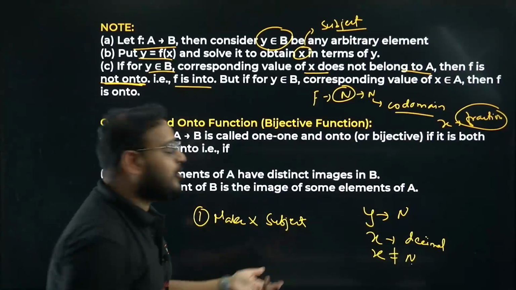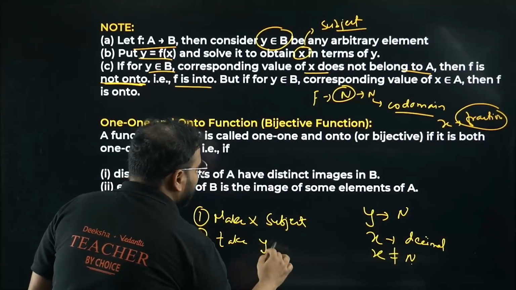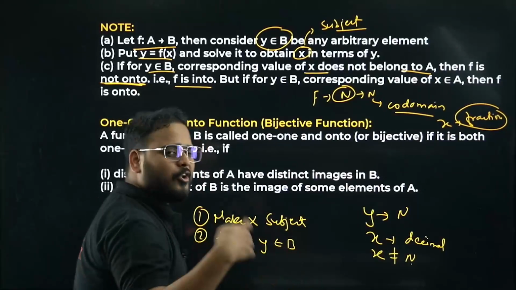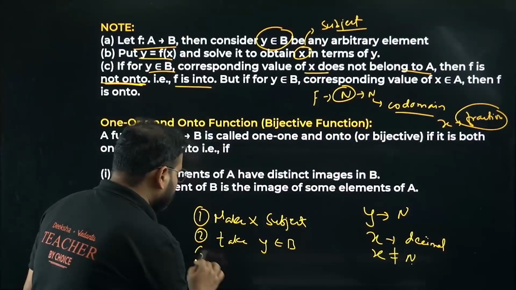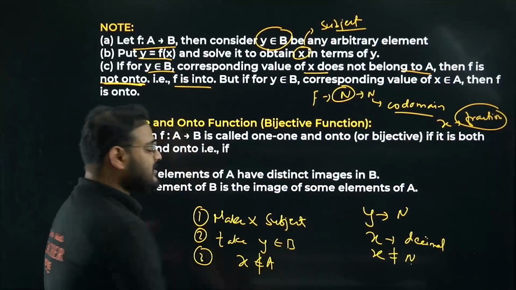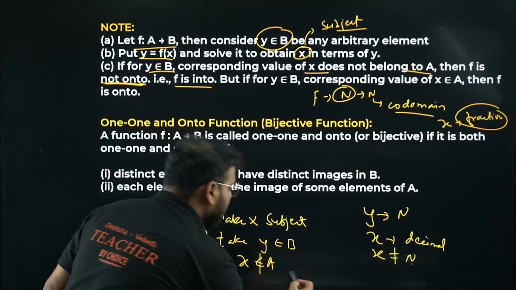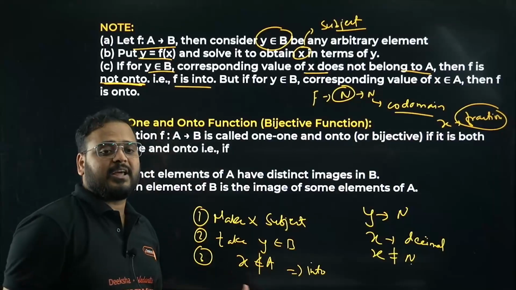Now, take some value of y from the set B. Any value of y you can take, okay? Look for whether x is coming which is not a part of set A. What is set A? Natural numbers. Then we'll call the function into. If x is coming not belonging to set A, it will become into.